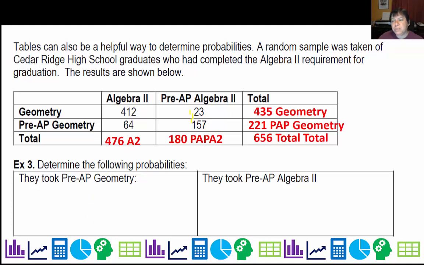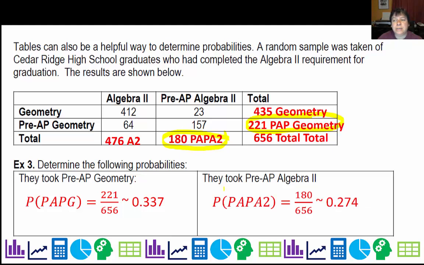I'm not too worried about particular cells like algebra 2 and geometry, or pre-AP algebra 2 and regular geometry. I just want geometry, so I want this one right here. And that would be 221 out of 656. What's the probability they took pre-AP algebra 2? Well, that would be this column right here, and that would be 180 out of 656.